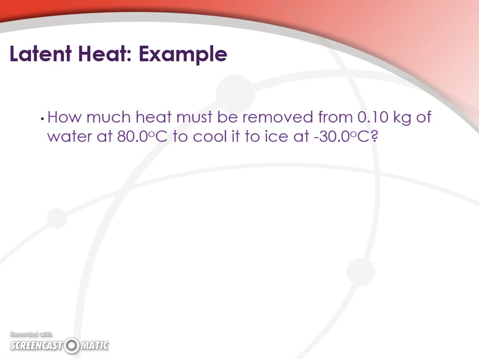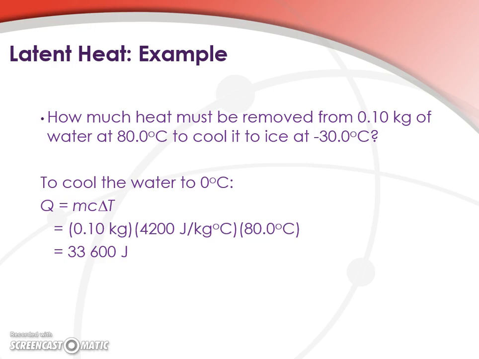So we first take the first step where we have to cool that water to 0 degrees. So we started at 80 degrees. We did this calculation yesterday. We simply calculate the heat energy. It's proportional to the mass, the change in temperature, and to the heat capacity.